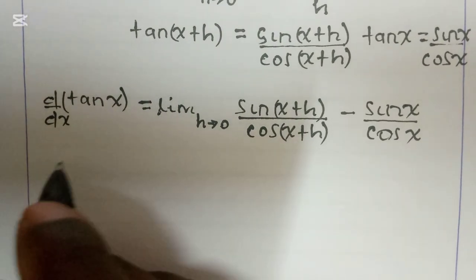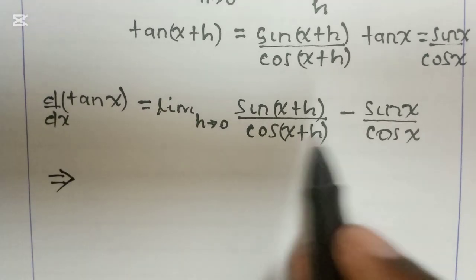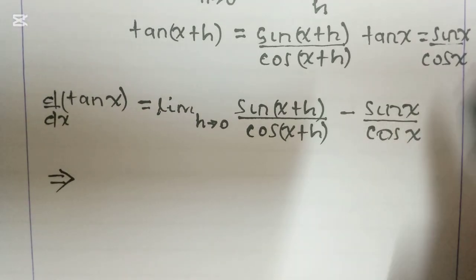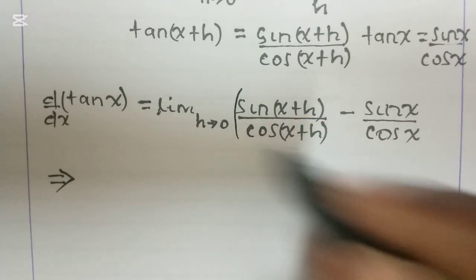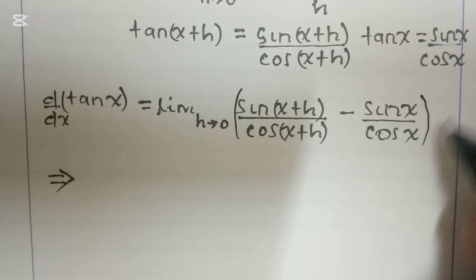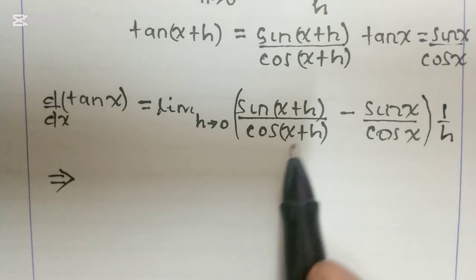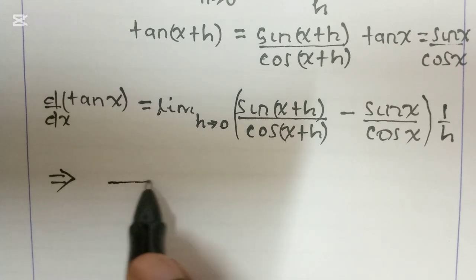And so guys, we shall write like this. We shall come here and do this. And remember we have h. Guys, we have h. I can put it somewhere here, 1 over h. So I can now expand that. In expanding that, I can draw a line here.